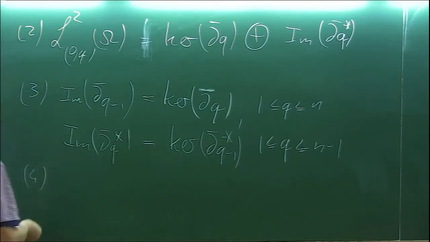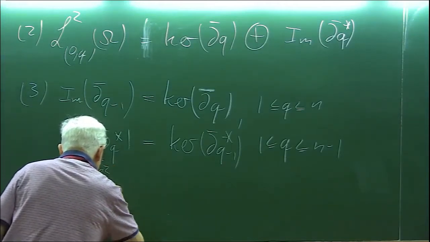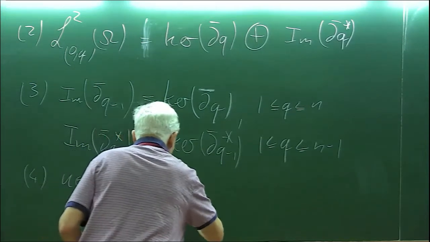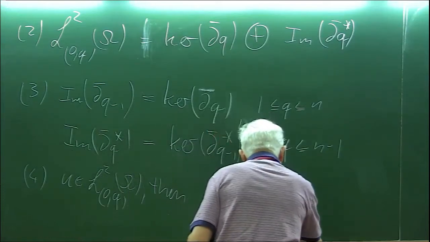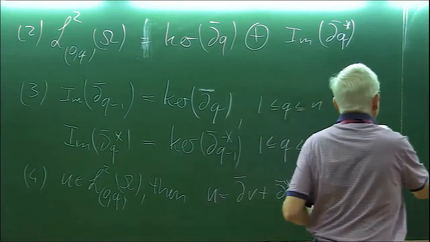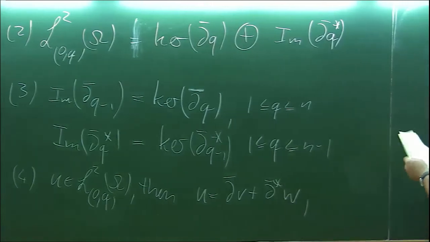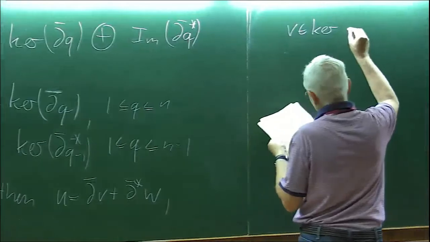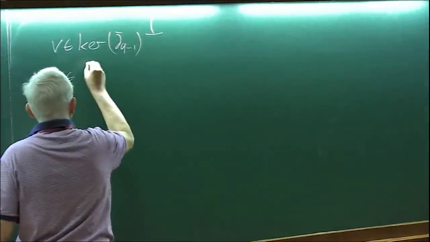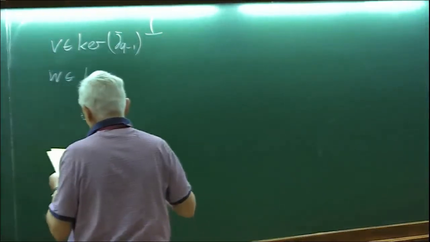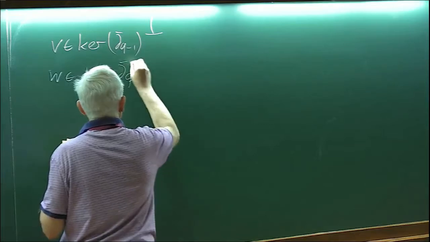Okay, and fourth, sort of a corollary to all of this, if U is in L2 0Q, then I can write U as d bar V plus d bar star W, where V, I might as well take in the orthogonal complement of the kernel, and W in the orthogonal complement of the kernel of d bar Q star.